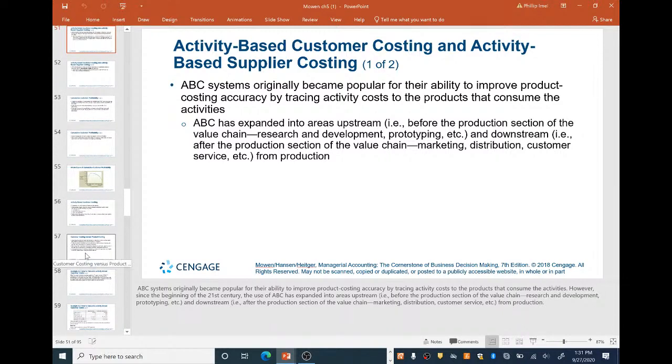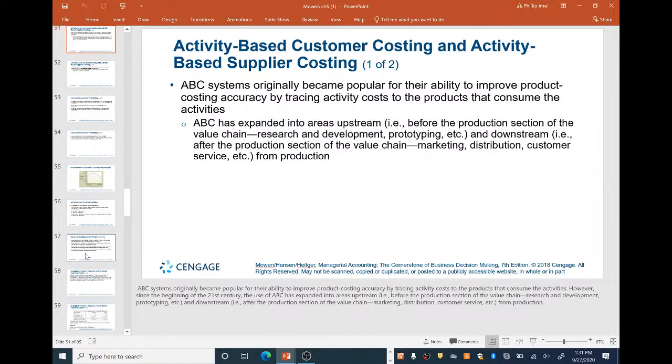Okay, let's talk about activity-based customer costing and activity-based supplier costing. Okay, so activity-based systems originally became popular for their ability to improve product costing accuracy by tracing activity cost to the products that consume the activities.